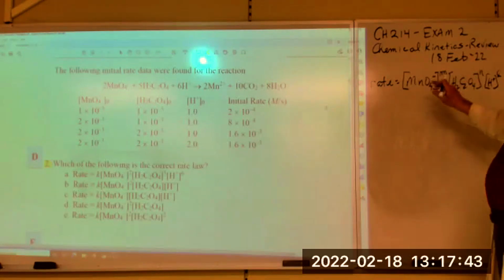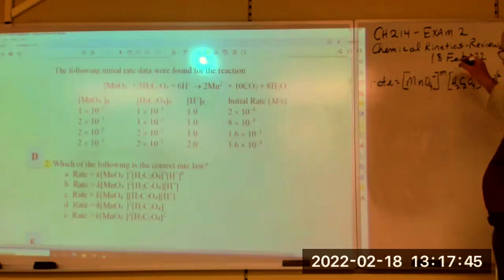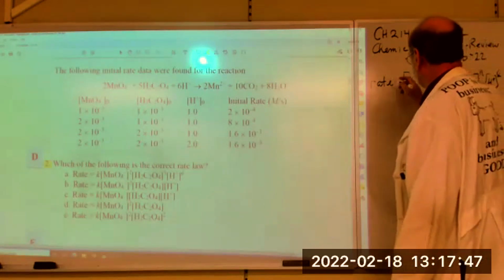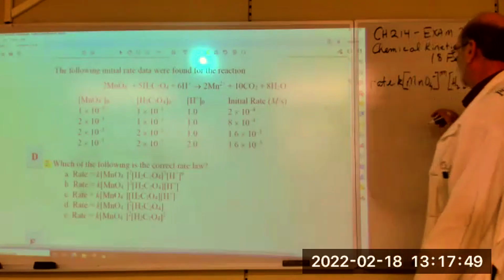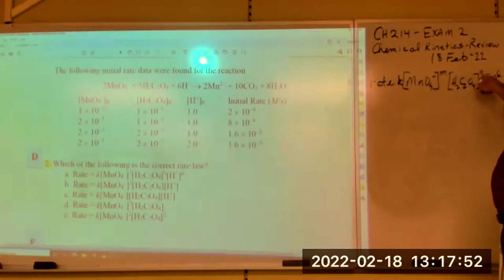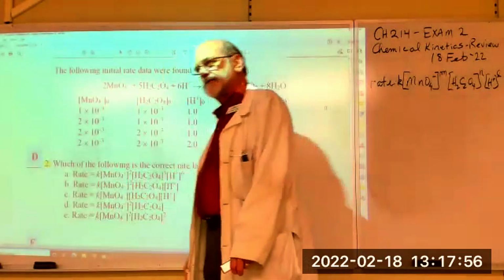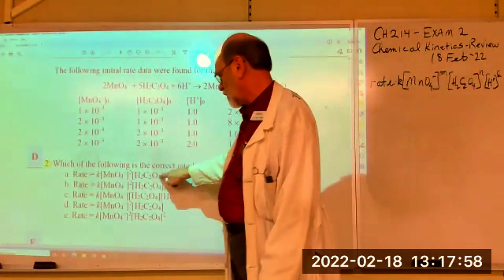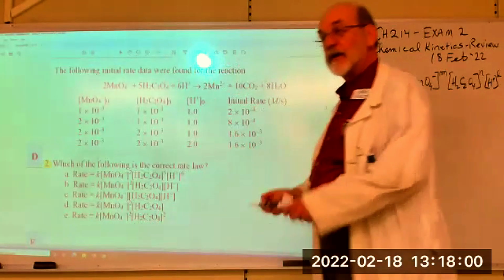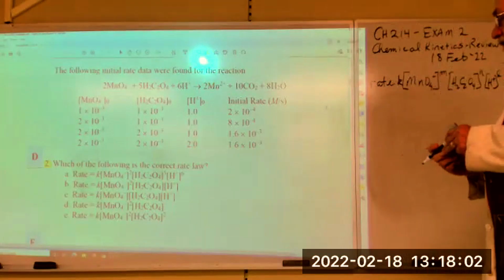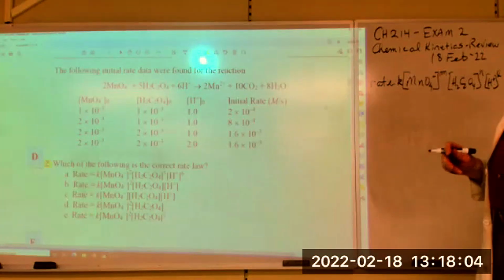Okay, so we have it set up. To answer the question, it doesn't want us to find K. It just wants the order of each of the reactants. So now, how do we get that information?